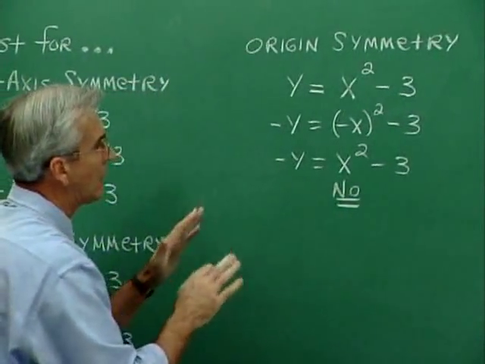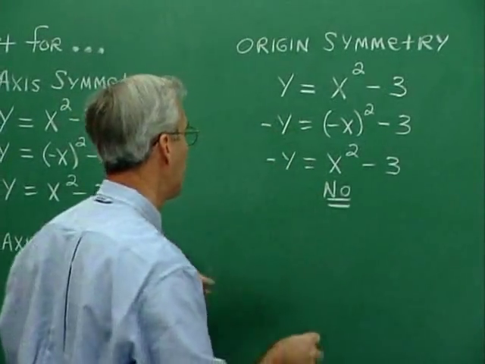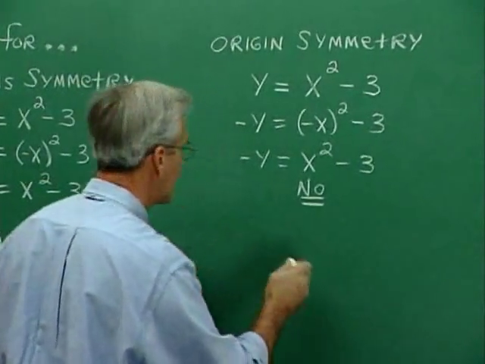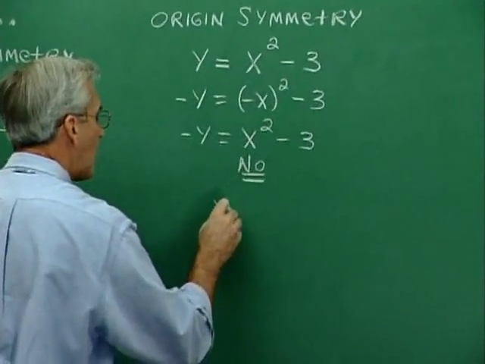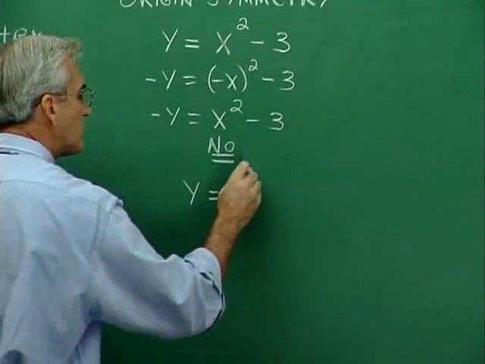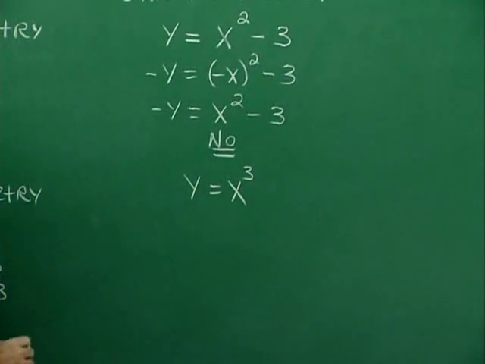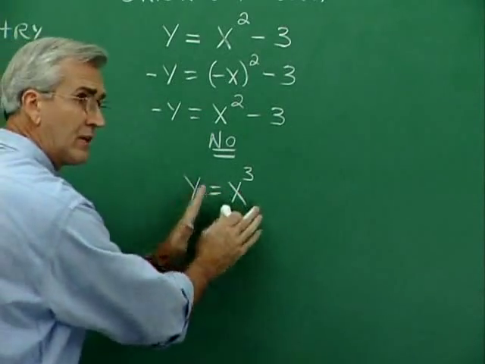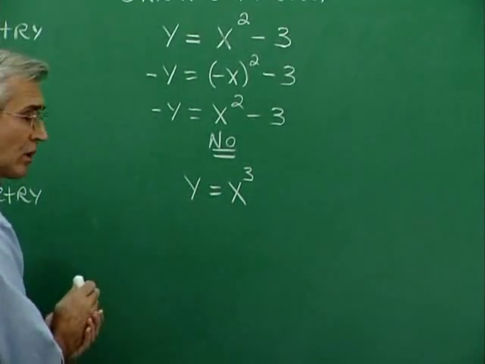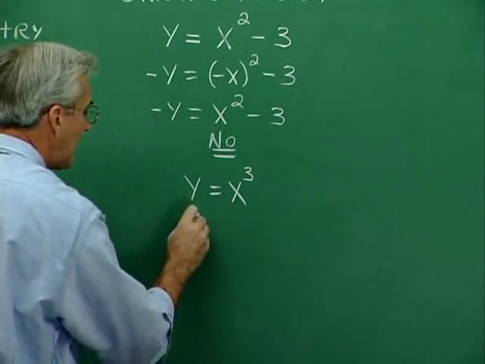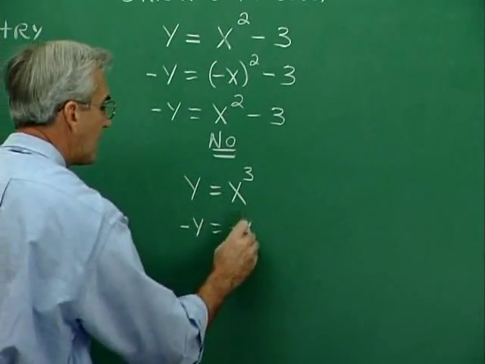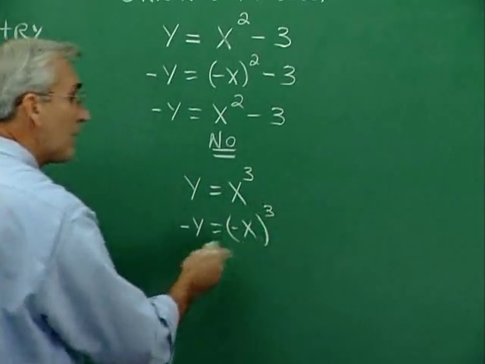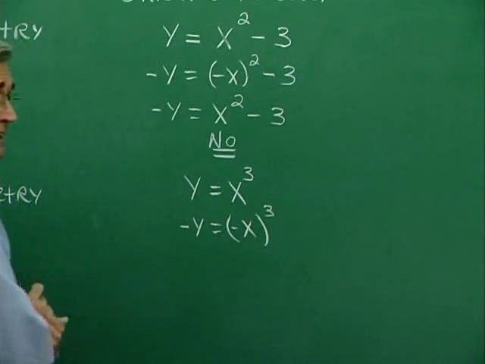Now, let me show you how the test works, though, in a situation where it will be successful. It turns out that the graph of this equation is symmetric to the origin. Now, to go through the test, to test for symmetry about the origin, we replace y with negative y and x with negative x. And then we manipulate to see if we can get back to this form.